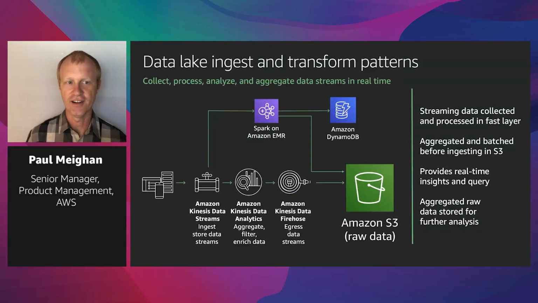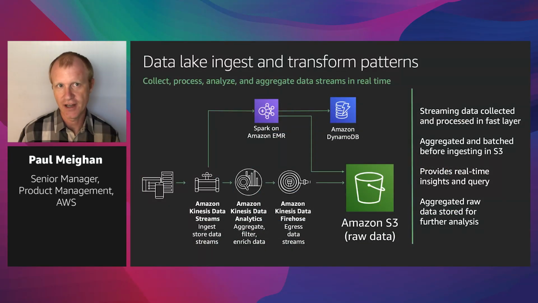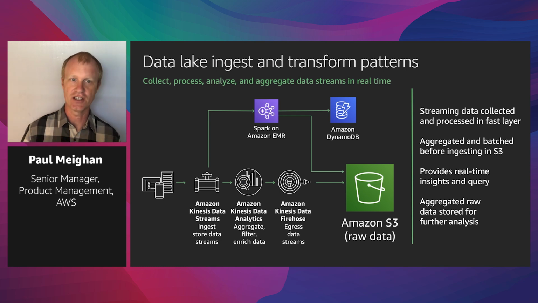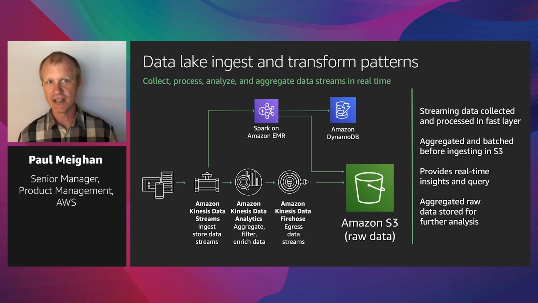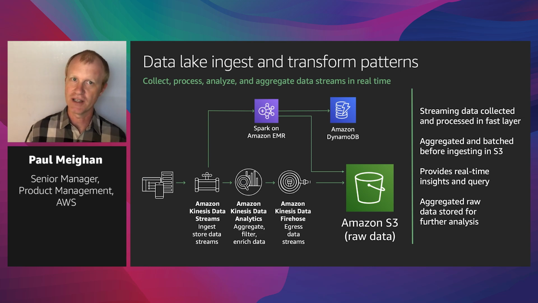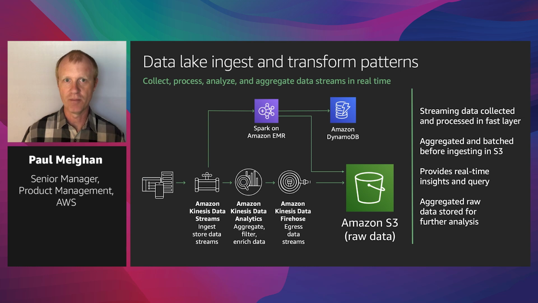Okay, now I want to talk a little bit about some patterns that customers often implement to ingest and transform their data as it comes into S3. I talked a little bit about the Kinesis family. Kinesis does some awesome stuff to help you get data prepped and landed in S3. It not only does aggregation as streams are coming in, and allows you to manage those streams as they're coming in.